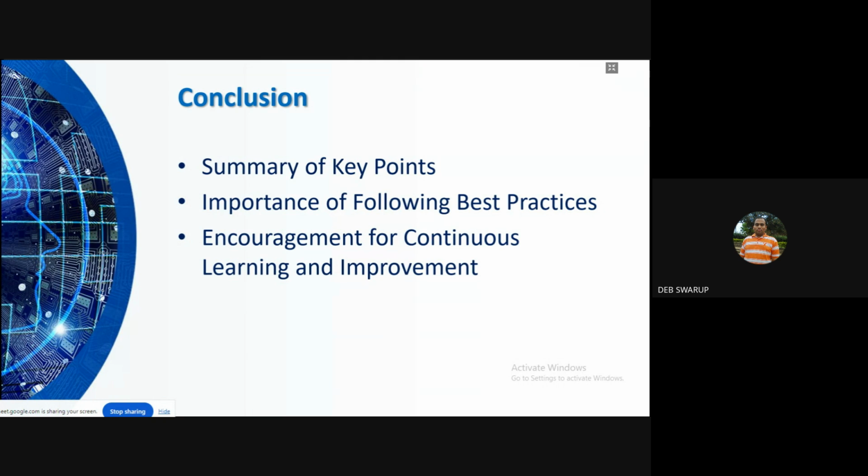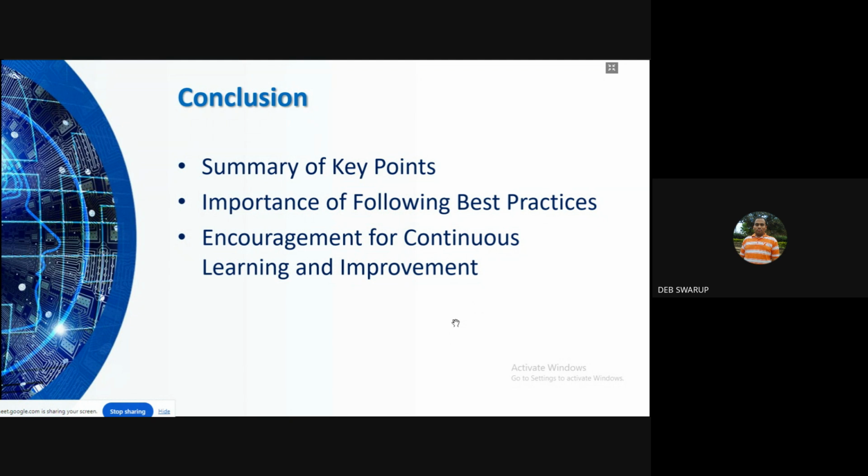Then, importance of following best practices. This indicates that whatever practice or methodology you have chosen is best enough for your results to be validated. That methodology is the result of what you have got. Clear? Now, encouragement for continuous learning and improvement. Now, this is one line.